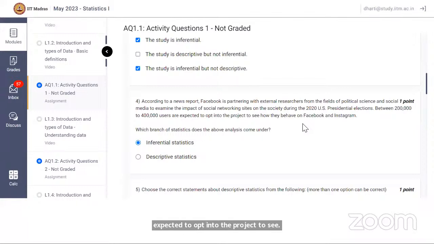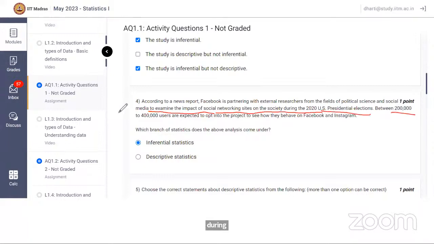What was the target of the study? You can see here the target of the study was to examine the impact of social networking sites on society during the US presidential election. For that, their sample size ranged from 2 lakh to 4 lakh.